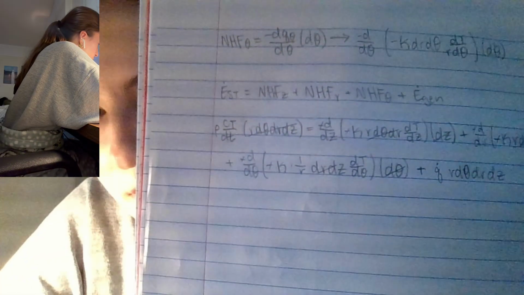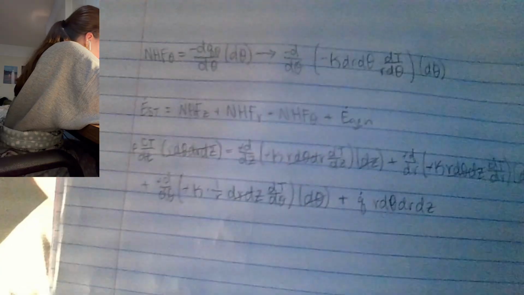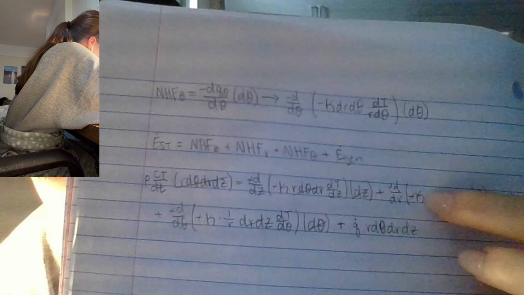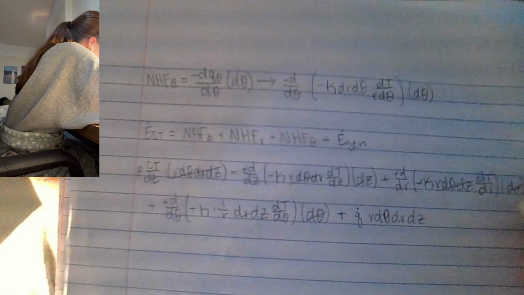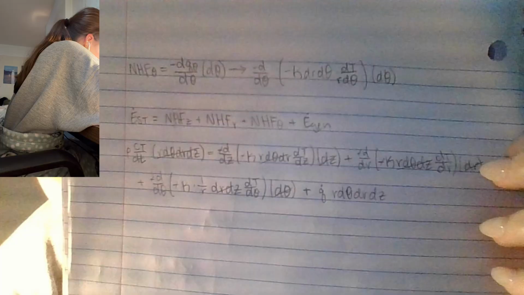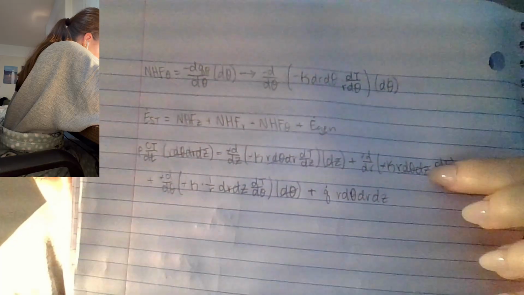And the only issue is here. So we can cancel it out in that first term, r d theta dr dz, then the dz, r d theta dr here, and then dz.